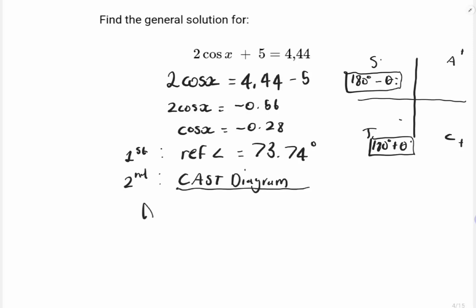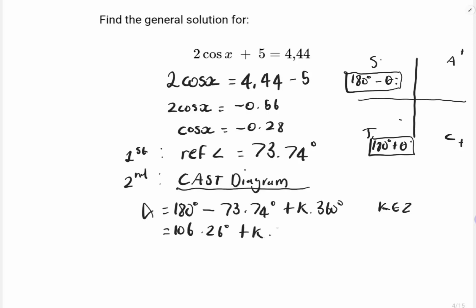So for the first one, let's say 180 degrees minus the reference angle we got, which is 73.74 degrees, plus k dot 360 degrees. Don't forget to include it. And don't forget to state that k is an element of Z. If you state it once, you won't have to state it again. It's fine. So 180 degrees minus 73.74 is equal to 106.26 degrees plus k dot 360 degrees.